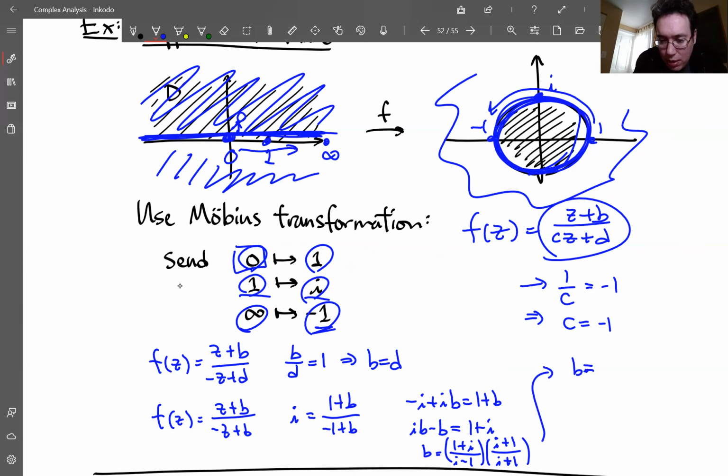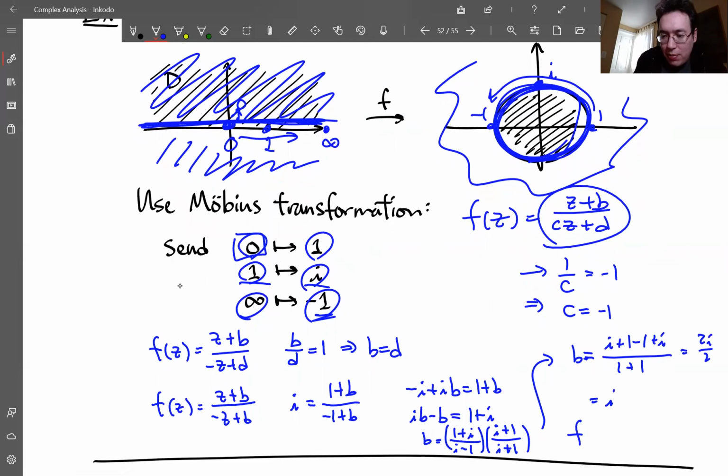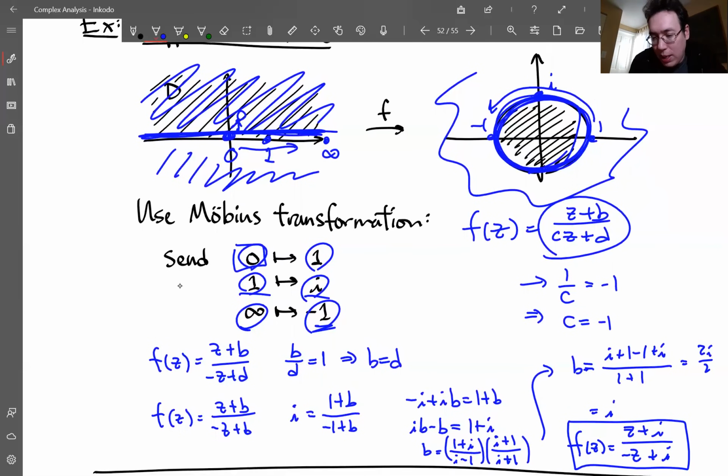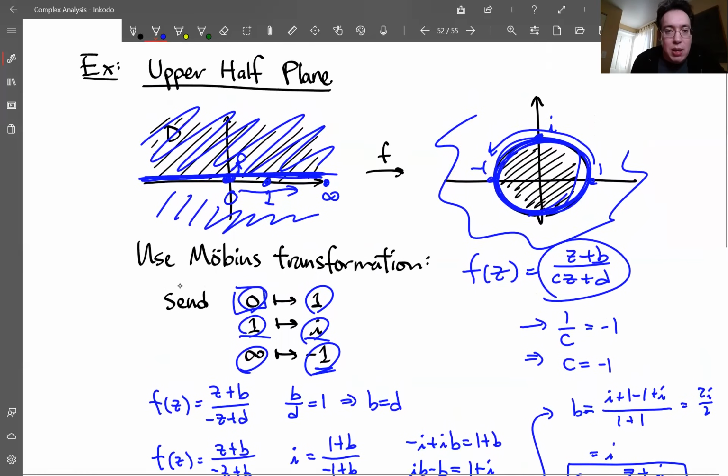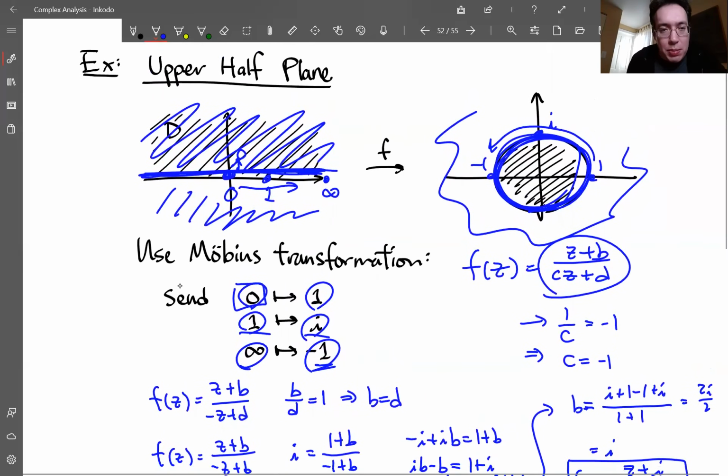In the numerator, I have (1 plus I) times (I plus 1), and in the denominator, I get I squared minus 1 squared, so this simplifies to 2I over 2, or just I. Okay, so my final answer for the Mobius transformation is Z plus I over negative Z plus I. This will map the upper half plane to the unit disk. Okay, so that's an important example.